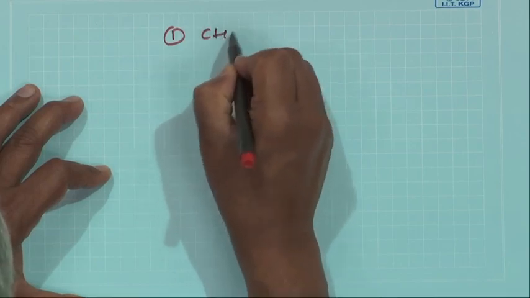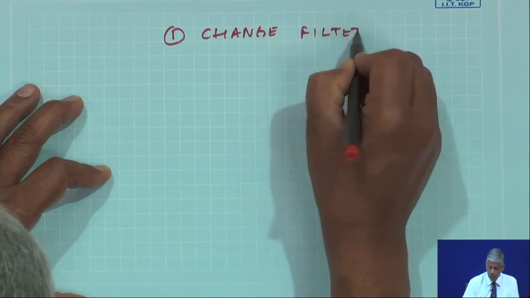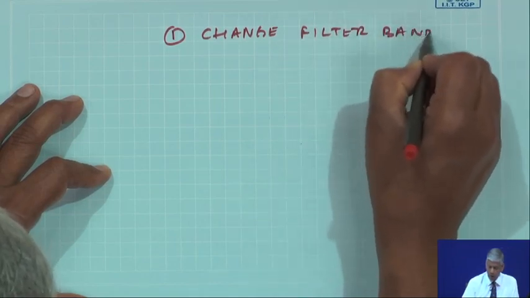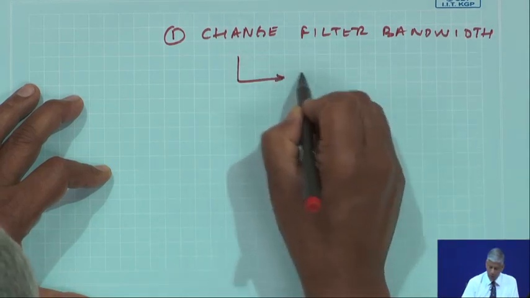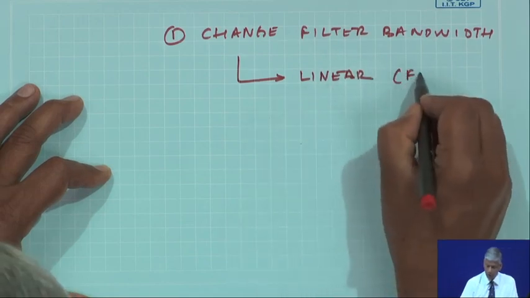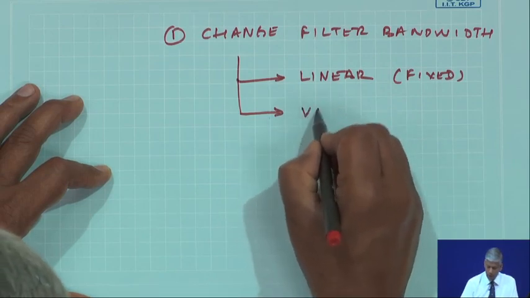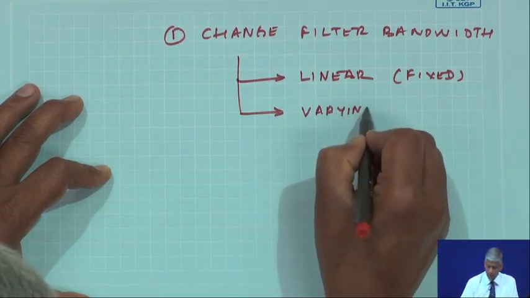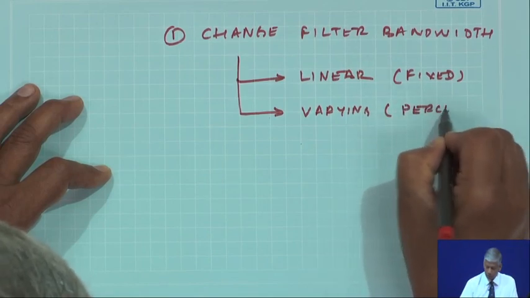So, if you look at the filters, I can change the filter bandwidth. They could be linear, that is fixed, or they could be varying, or the fixed percentage or some constant percentage.